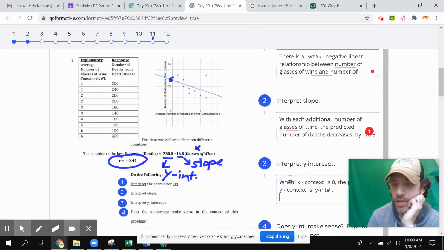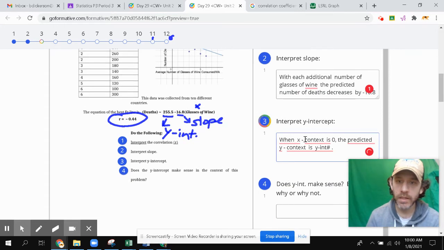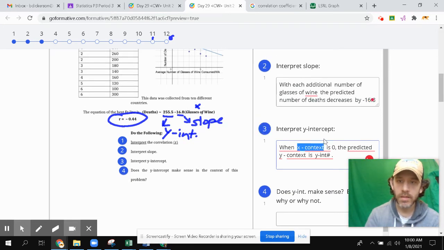Now we can change the things we need to change, right? So again, the x context we said was number of glasses of wine, and that's 0.